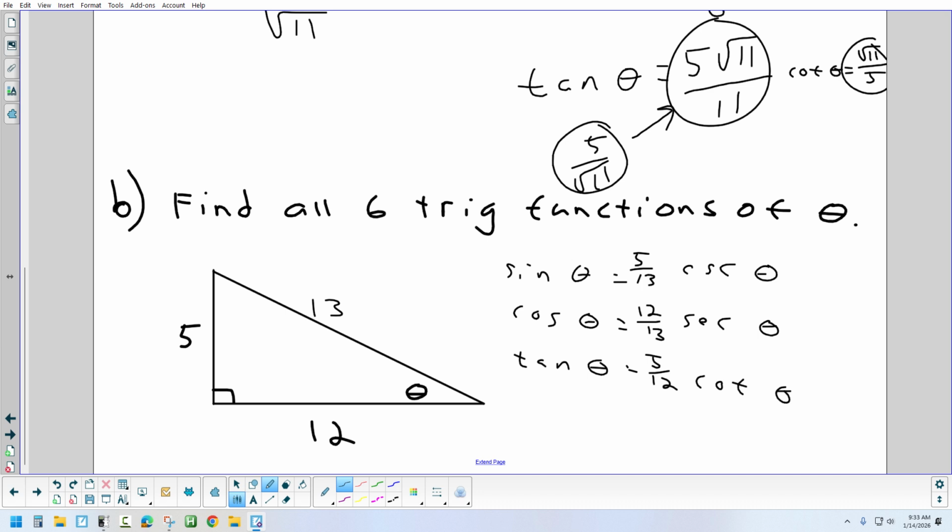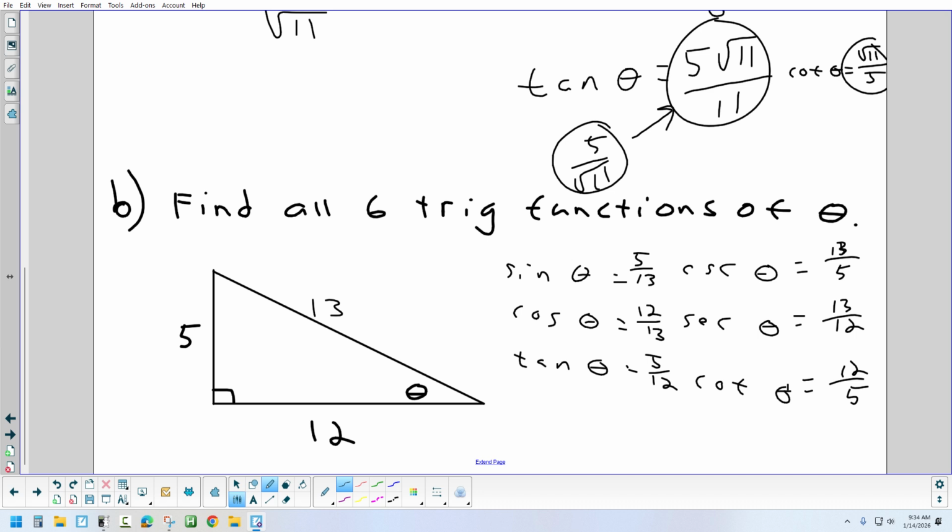And then if we flip them all, get the reciprocals, we get the other 3. So 13 fifths, 13 twelfths, 12 fifths. Now remember, what we did there is we found the 6 trig functions of theta.